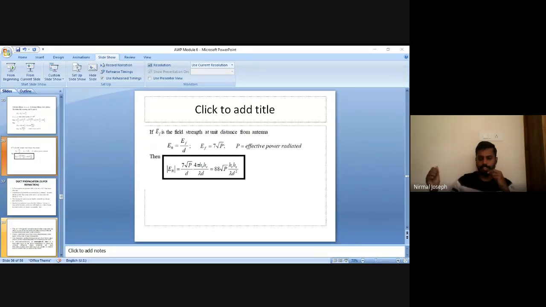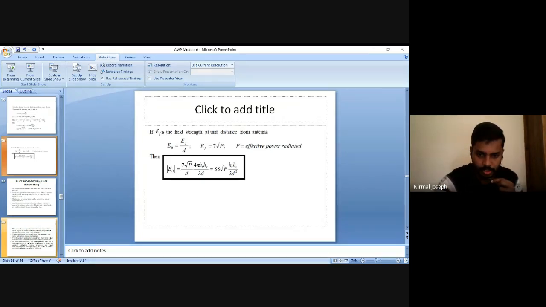Then substitute in the general equation: ER will be equal to E naught 2 cos theta by 2, where theta will be equal to alpha plus beta by 2. Just do the calculation and take one assumption: for small value of theta, sine theta will be equal to theta. That's it. Our derivation is complete.